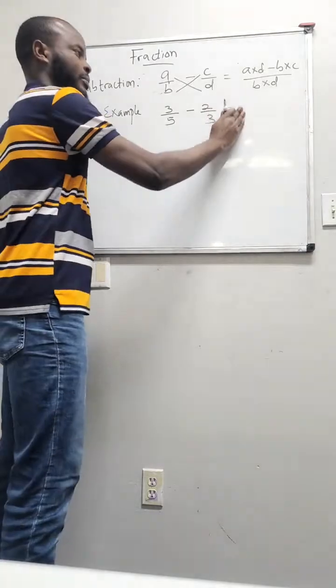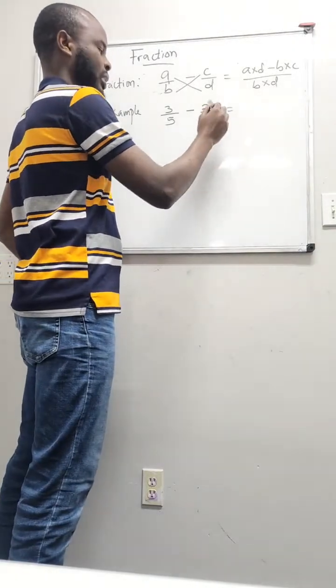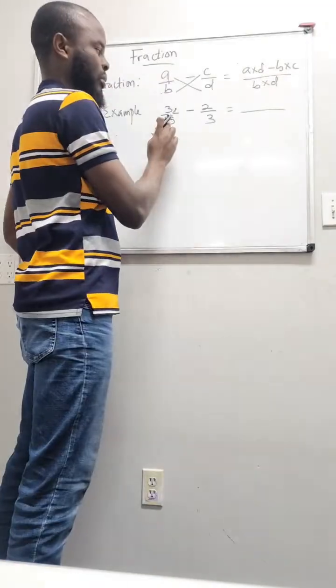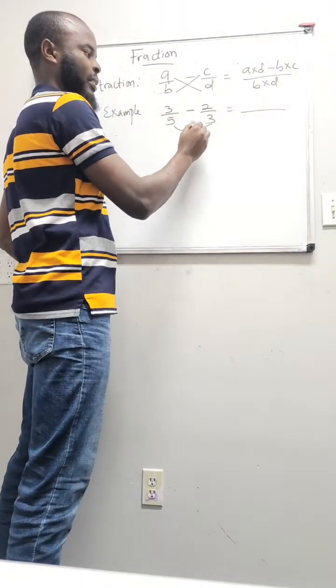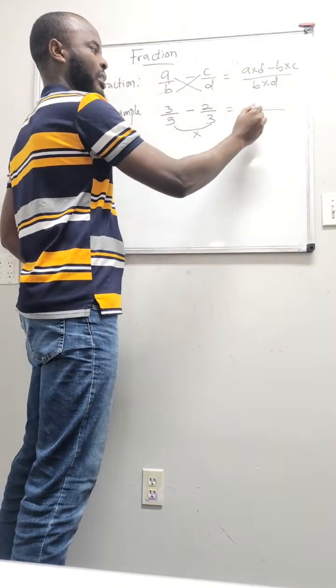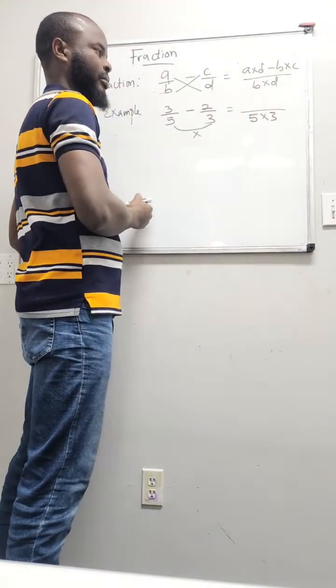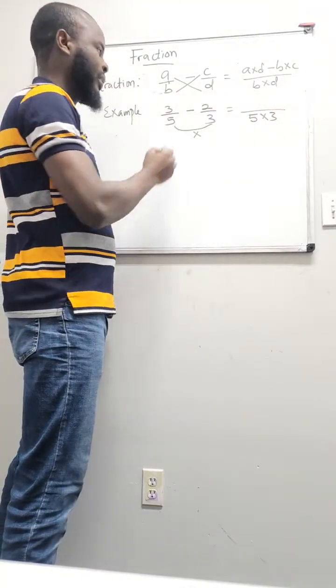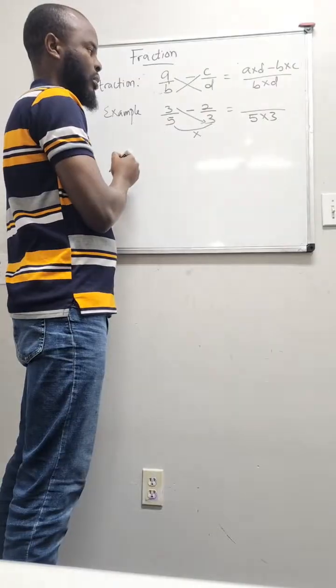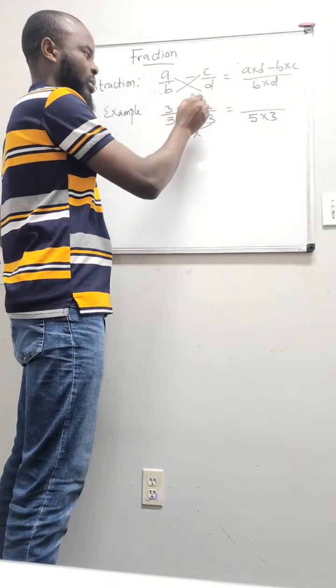Let's try this. To do this, we have the denominator to be 5 multiplied by 3. 5 times 3. And for the numerator, you have this multiplying this.